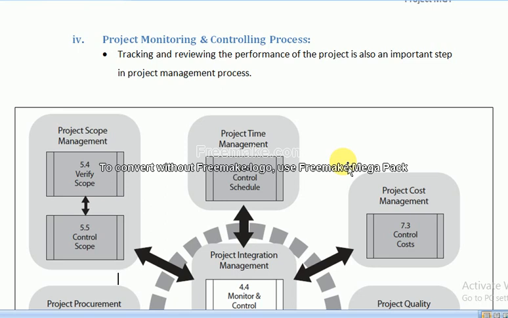If some deviations have taken place, then the controlling process will take place to find what the reasons for these deviations are. This process group covers all the other four processes, like we studied in the remaining processes.